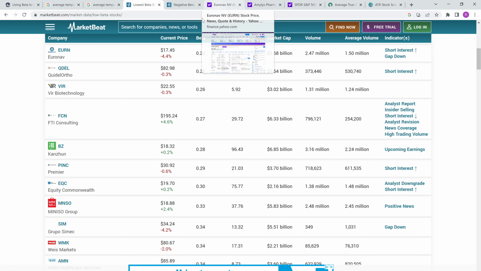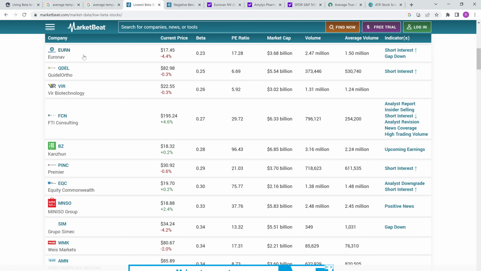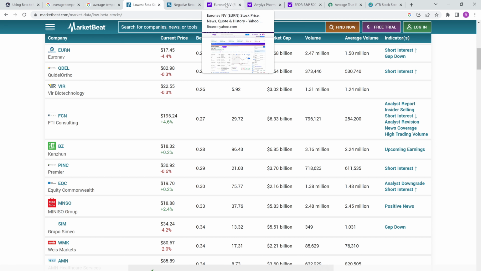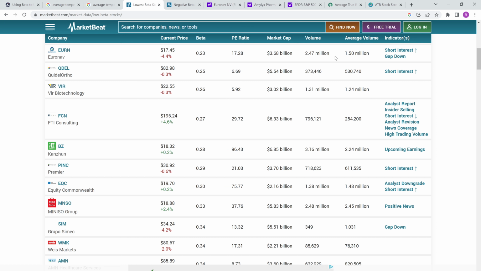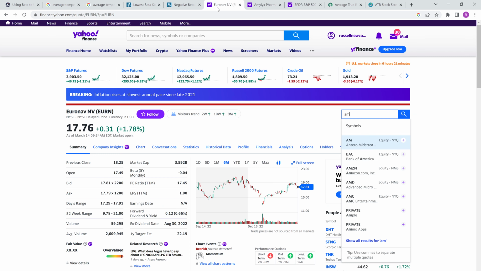So I came up with Euronav, 4 billion shares market cap, decent volume, that type of stuff. Its beta is 0.23. So the implication is its day-to-day volatility is going to be low because it's low beta.